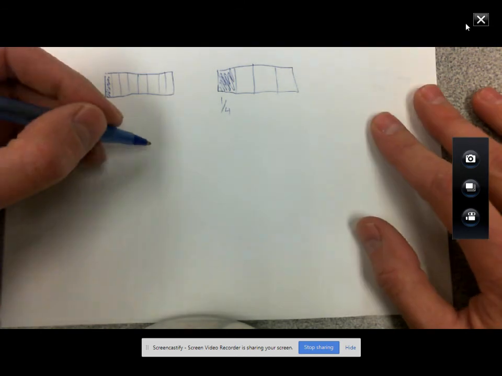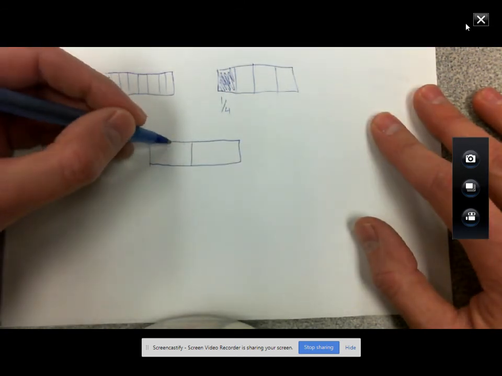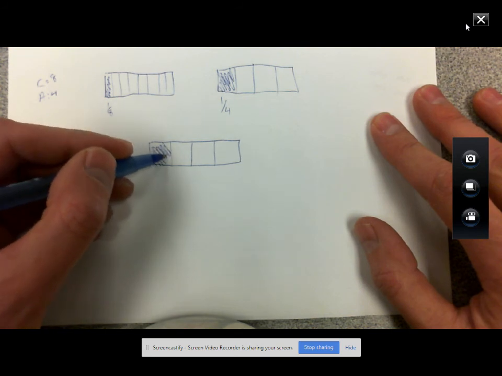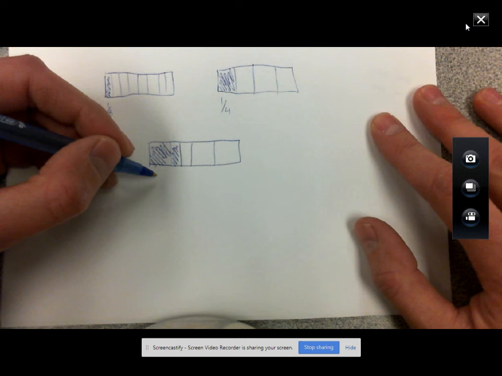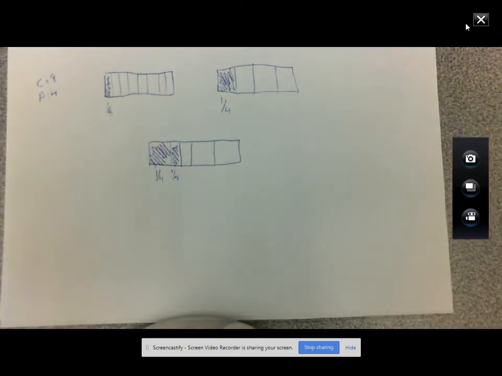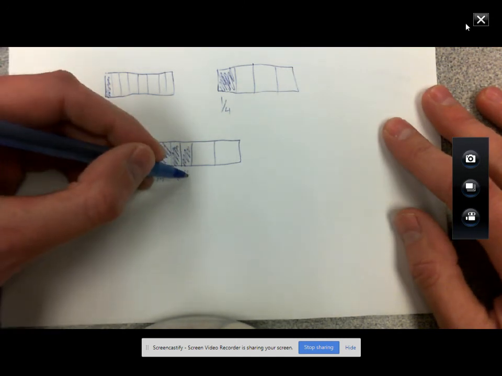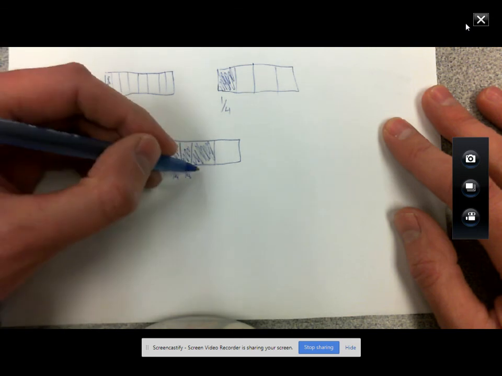Together, Allison can paint 1/4 of the house, and Cornelius can paint 1/8 of the house. So together, after 1 hour, they've painted this much of the house. In a second hour, Cornelius will paint another 1/8 of the house, and Allison will paint another 1/4 of the house in hour 2.